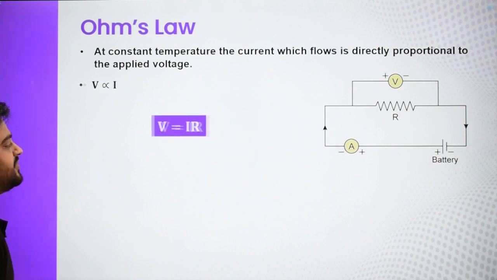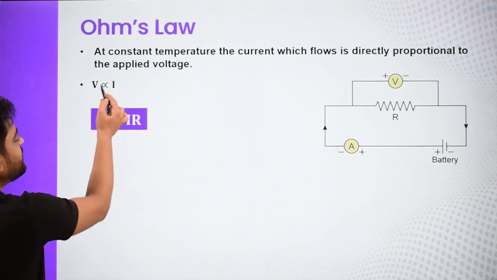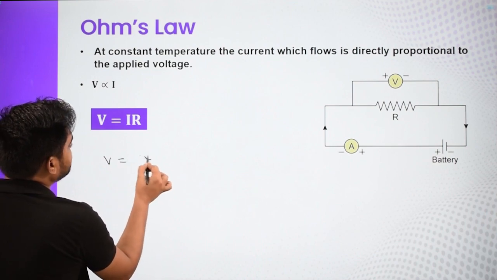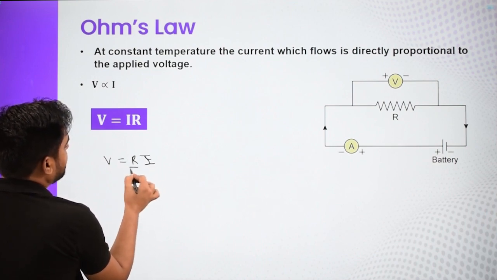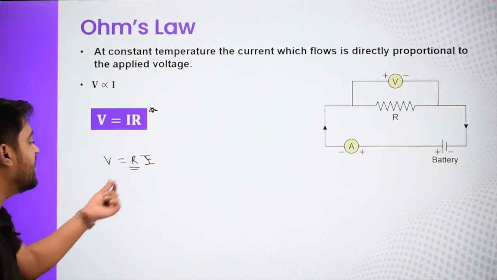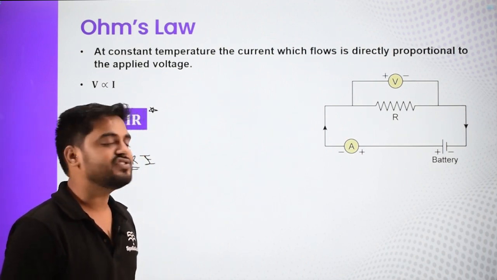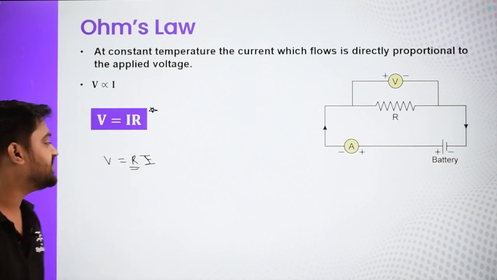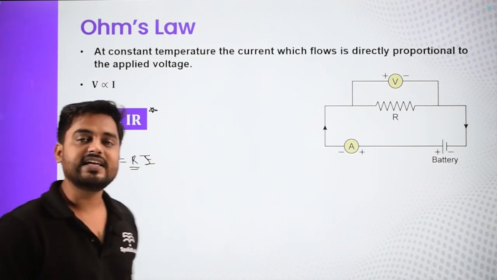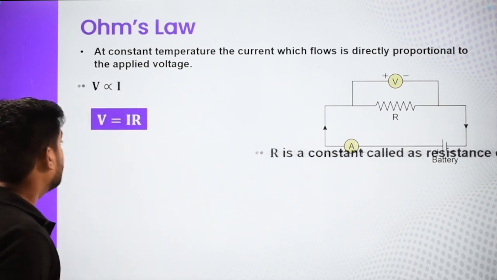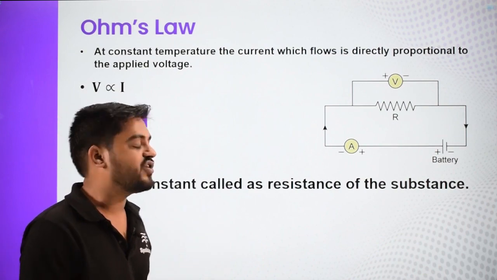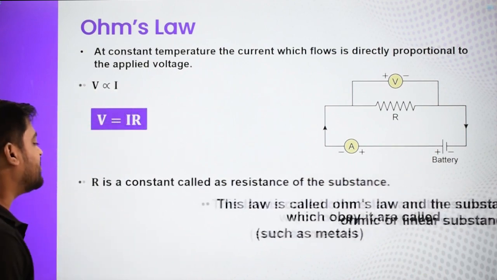As we increase the current, the V also increases, and they are directly proportional, and that is what Ohm's law states. If we remove the proportionality, we get a constant, and that constant is nothing but R. So V is equal to IR. This is the statement of Ohm's law, and here R is called the resistance of that conductor across which we have applied V voltage, and the current in that conductor is I. R is a proportionality constant which is called the resistance of the conductor or substance.